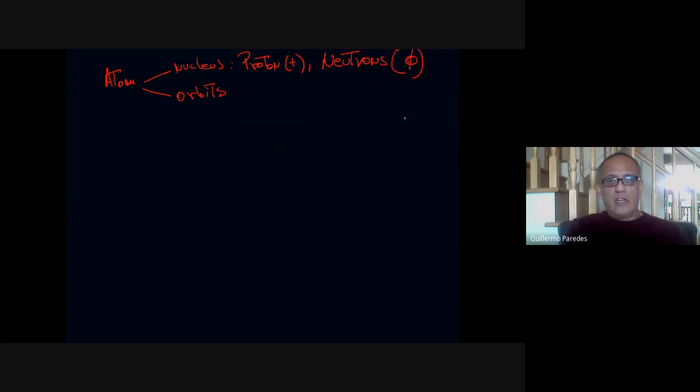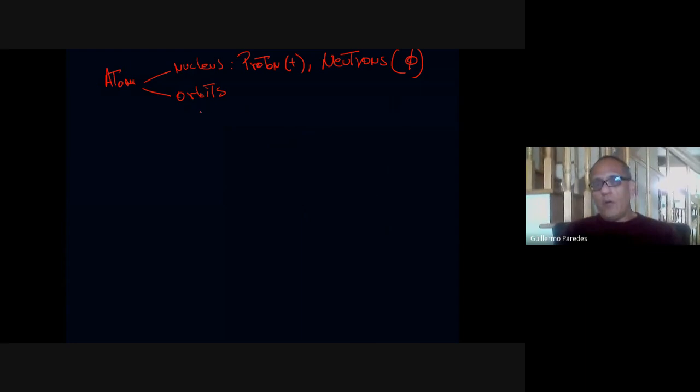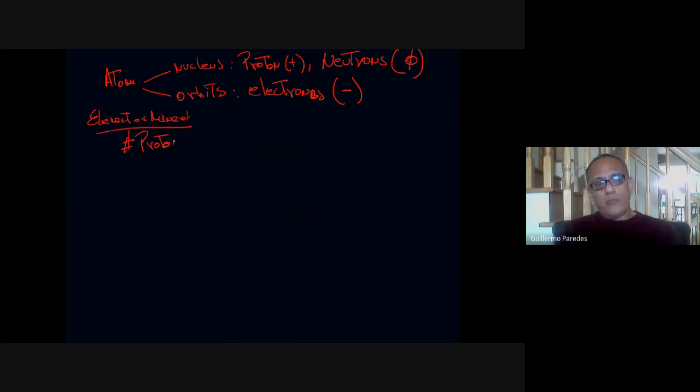They don't have a charge. There is no positive, no negative. And orbits are going to be composed of electrons. These electrons have a negative charge. The number of protons in an element is exactly the same as the number of neutrons. And this is exactly the same as the number of electrons.